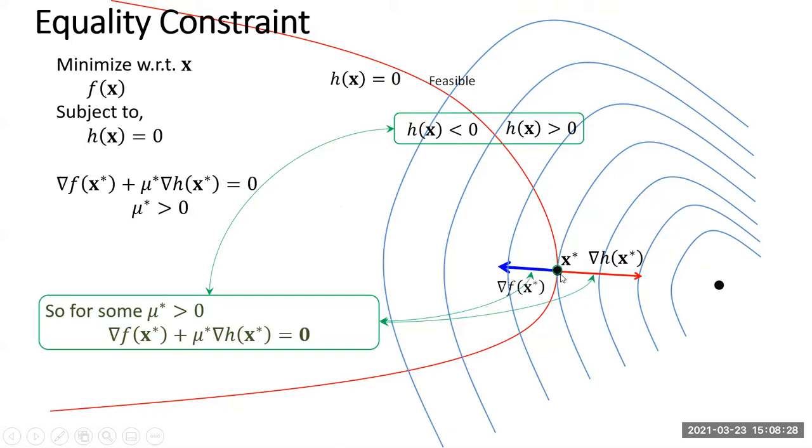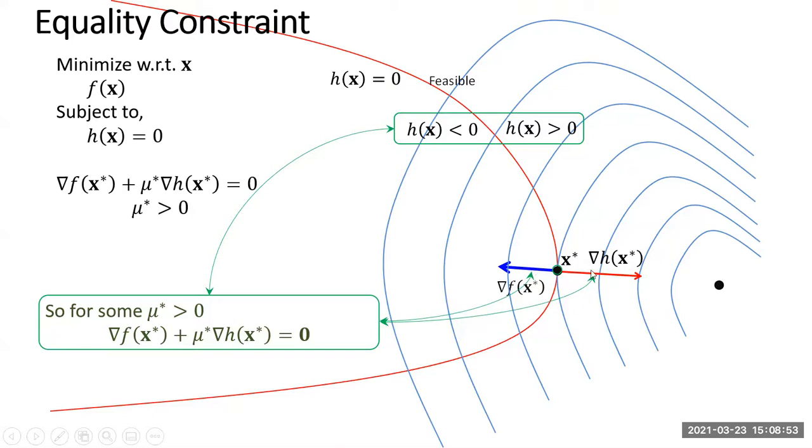If we multiply this del h with some mu star, then it will be of the same magnitude as del f of x, correct? Yes. If you add the two, they will cancel out.